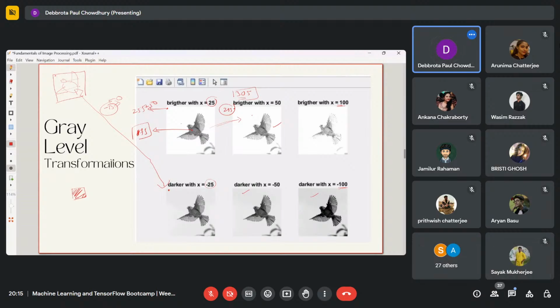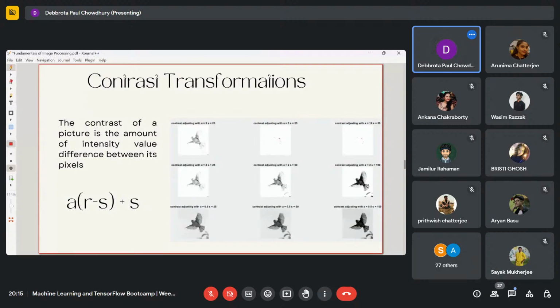So the contrast depends on the difference of pixel values. The contrast of a picture is the amount of intensity value difference between its pixels. So when we say which one is more contrast, if you have some black image on a white background, the contrast is very high.